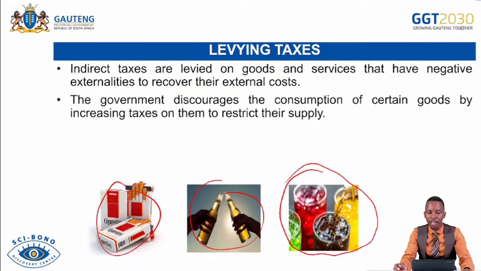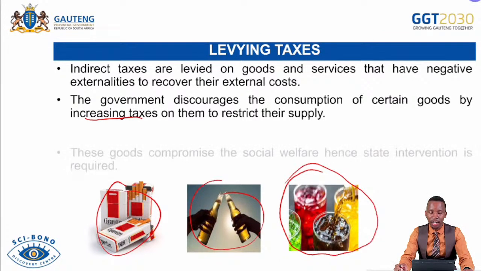The government discourages the consumption of certain goods by increasing taxes on them to restrict the oversupply of those goods and services. We can see cigarettes always selling at a higher price because of the higher taxes imposed on them. Also alcohol, and the government has introduced increased taxes on what? On beverages that have much sugar, to reduce consumption because they also have a negative externality.